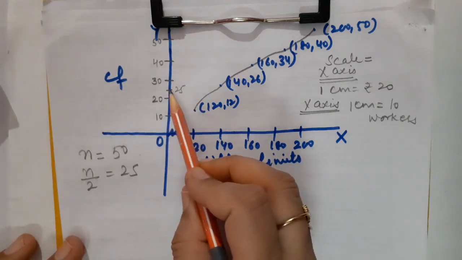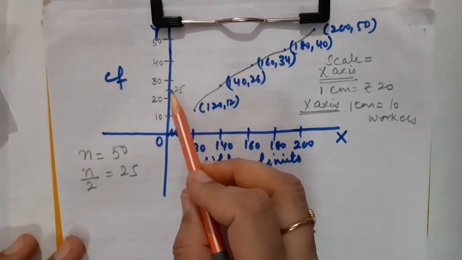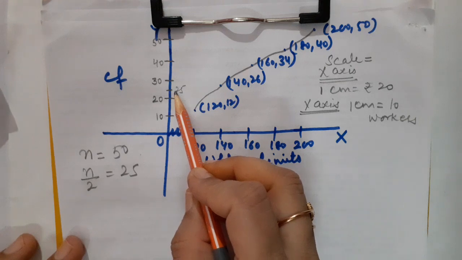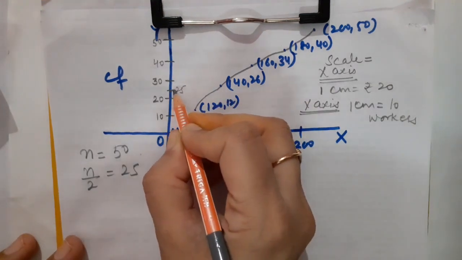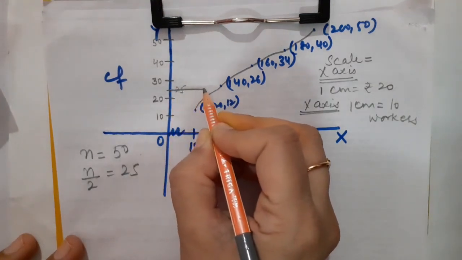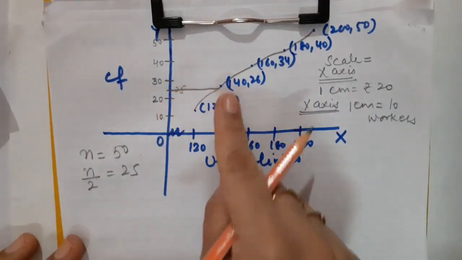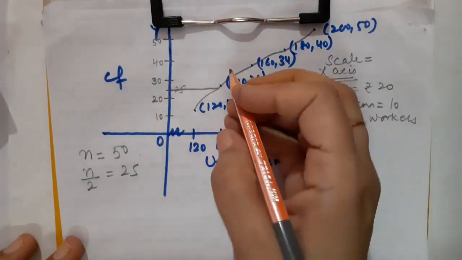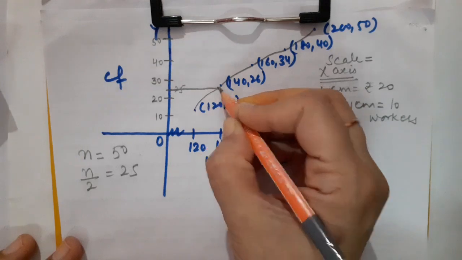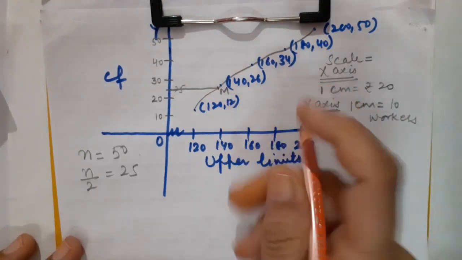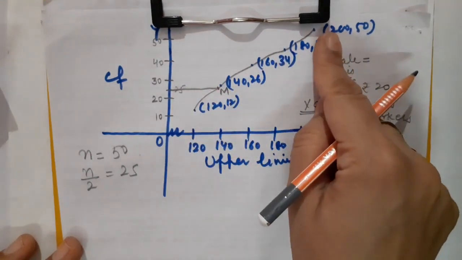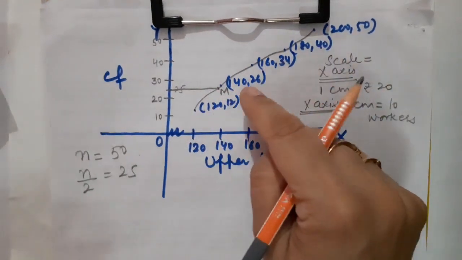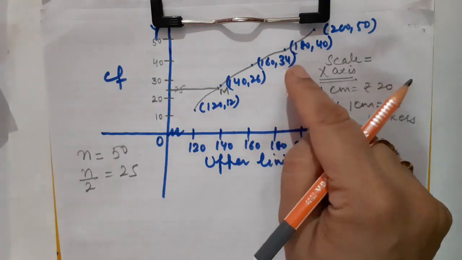From this point, children, where we have located n by 2, we are going to draw a line which is parallel to x-axis, cutting the curve at a point. So you have to just draw this line. You can see that this is parallel to x-axis and it is going to cut the curve at, let it be point M. It is going to cut this freehand smooth curve, what we are calling the less than type ogive.